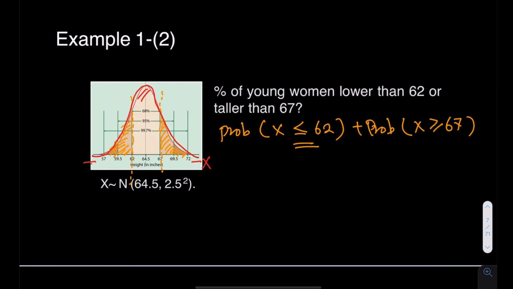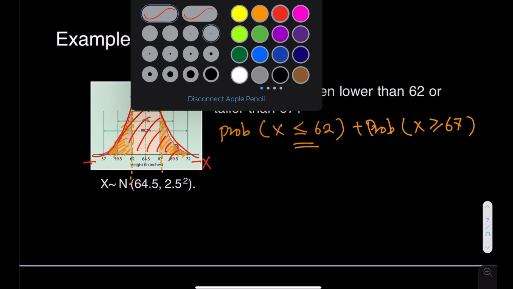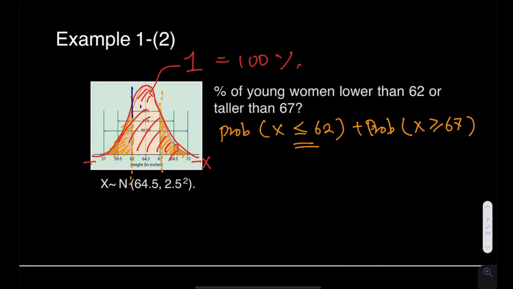So therefore, the area for this entire bell-shaped curve must be 1 or 100%. But we already know that the area between these two ranges is 0.68 or 68%.